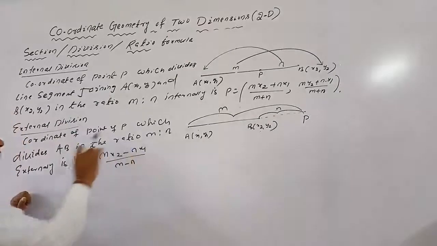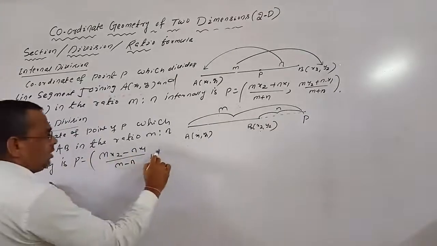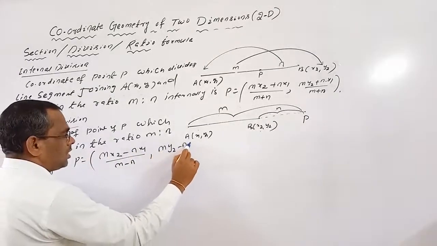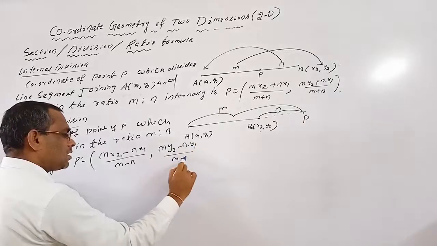Here m multiplies with the second point and n with the first, and we take the negative sign, comma my2 minus ny1 by m minus n.